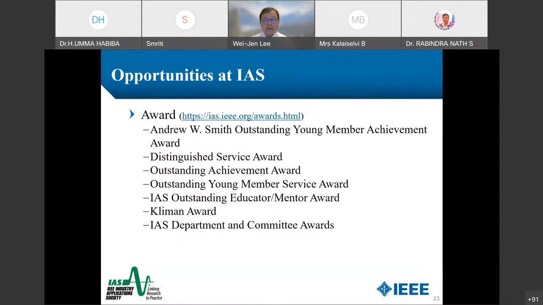We also have awards. We award young engineers and also long-time members, so we try to bring the next generation and the current generation of engineers together. The IAS also has sustainable development, and you can look at it on our website.